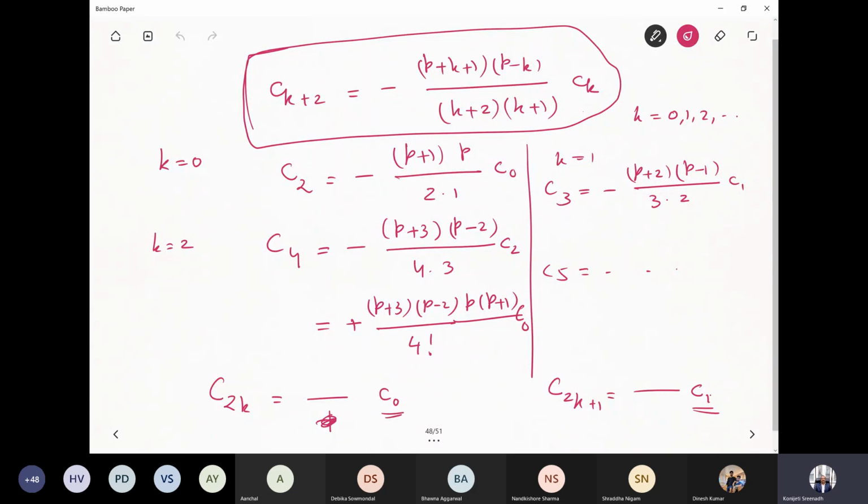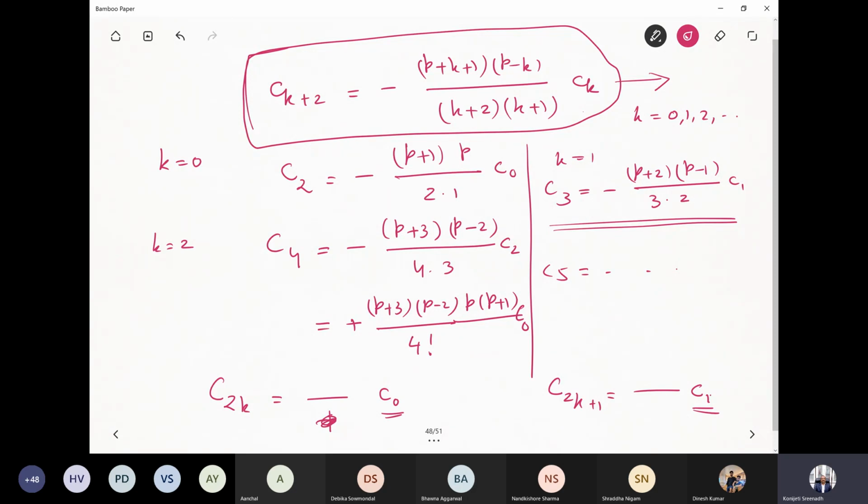Once C3 is 0, from this recurrence relation, it implies that C5 is 0, C7 is 0, and all other coefficients are going to be 0. Therefore, the second solution is simply a linear polynomial. It only has x.